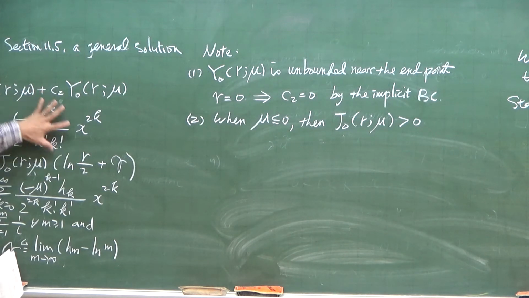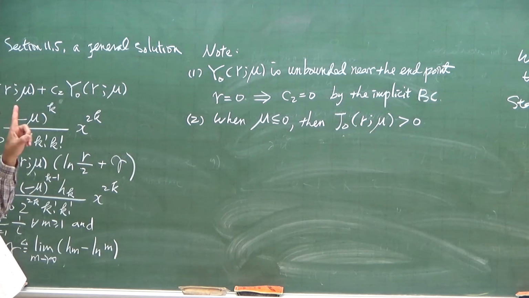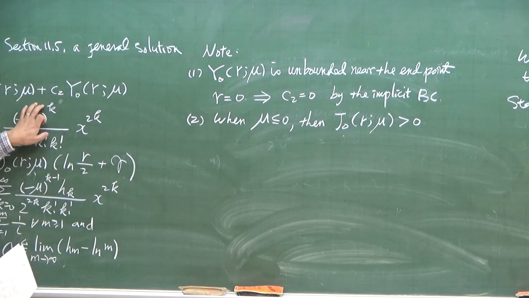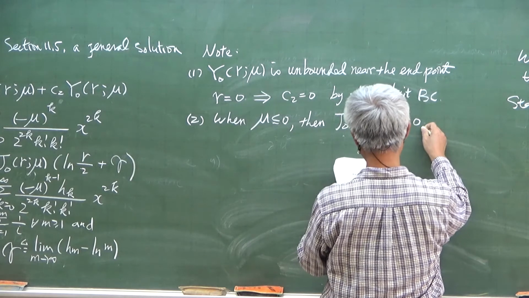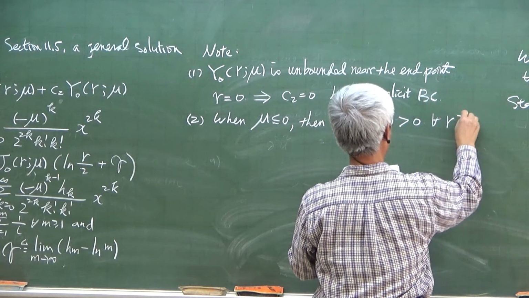When mu is 0, of course this is constant, equal to 1, it's not 0. But when mu is negative, minus mu is positive, so everything is positive. So this is greater than 0 for all r greater than 0.